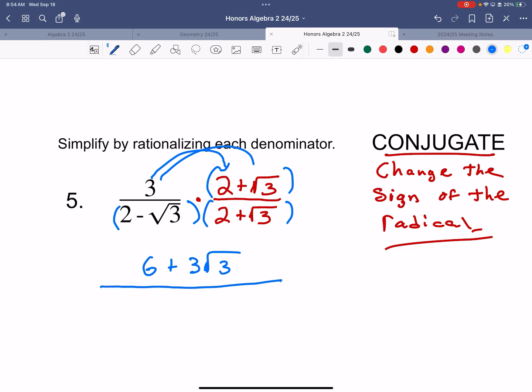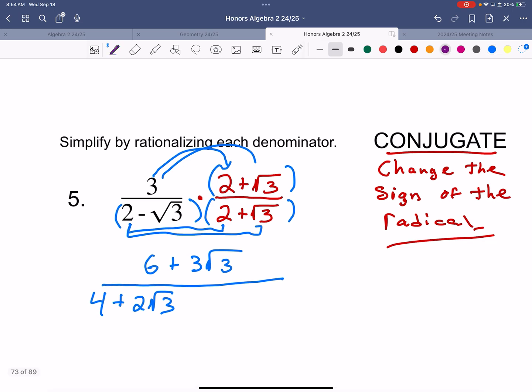But now watch what happens on the bottom. If we FOIL on the bottom, 2 times 2 is 4. 2 times radical 3 is plus 2 radical 3. Now we go on the inside, we've got negative radical 3 times 2, which is negative 2 radical 3.